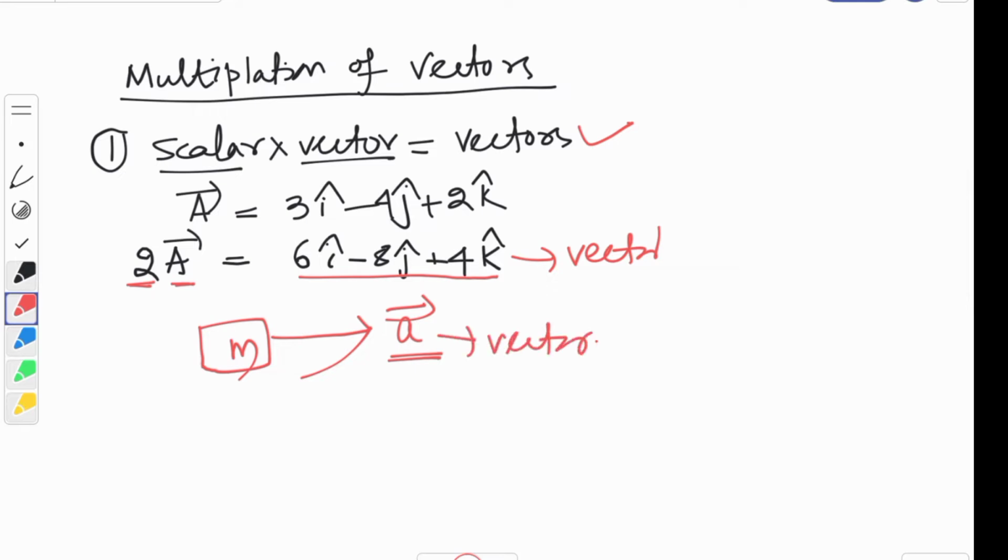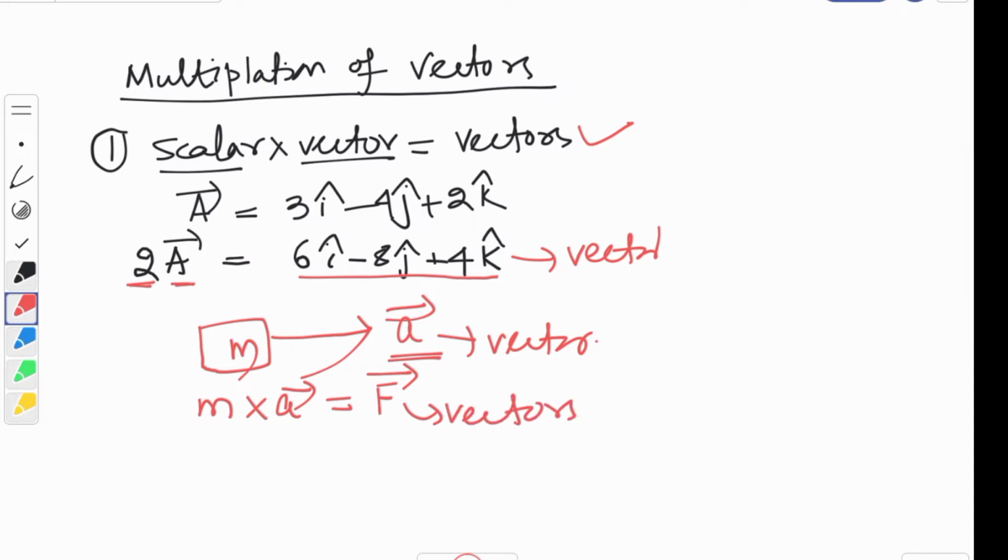When you multiply this mass with acceleration, we get force, and force is also a vector quantity.